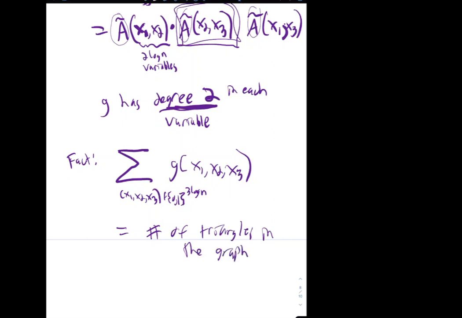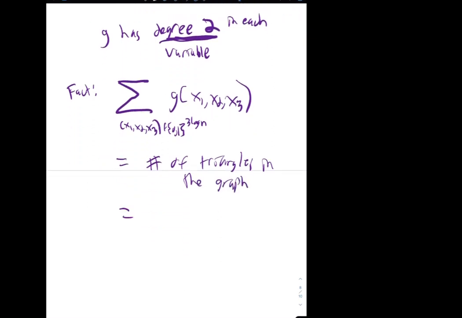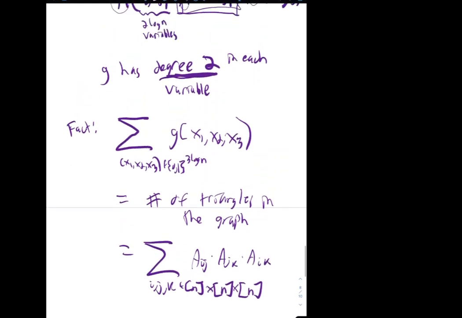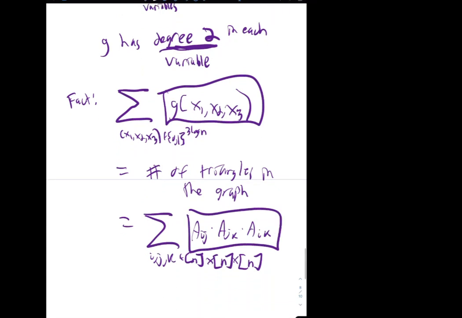And let me remind you what that definition was. By definition, that is the sum over i, j, k being triples of vertices of a_ij times a_jk times a_ik. And what's happened is we define G to extend this thing.